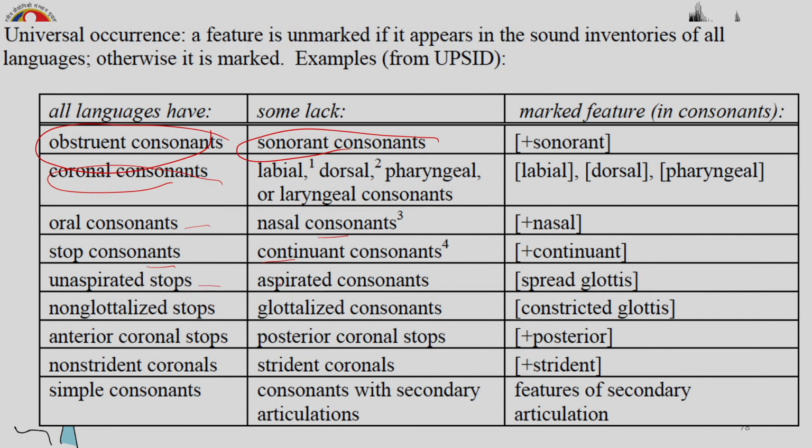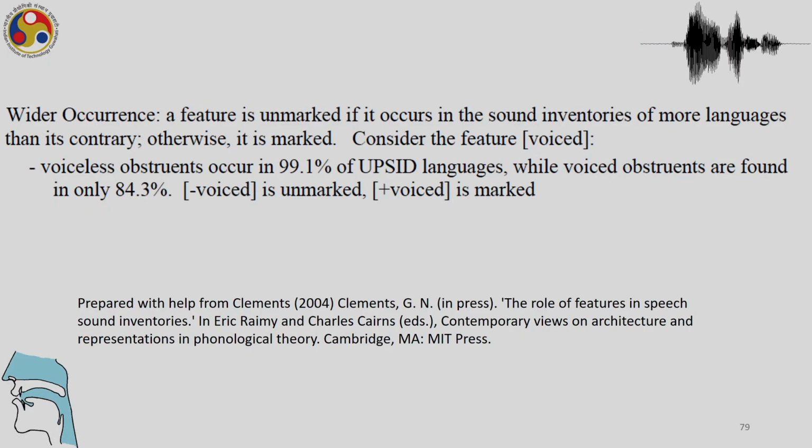There are unaspirated stops, but aspirated can be missing, non-glottalized can be there, glottalized can be missing, anterior coronal stops can be there, posterior can be missing, non-strident coronals are there, strident coronals can be missing, and simple consonants, but articulatory consonant secondary articulations may not be there in many languages.